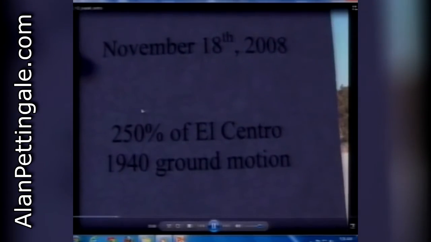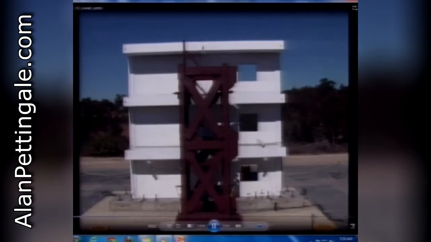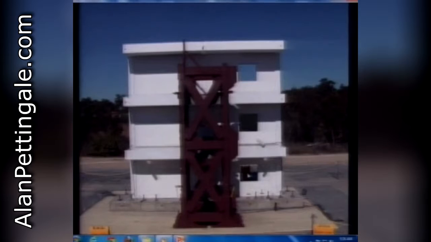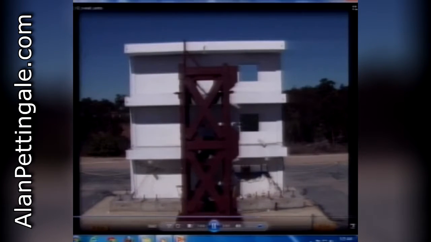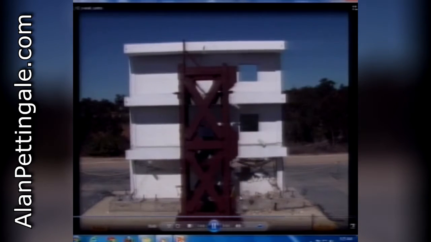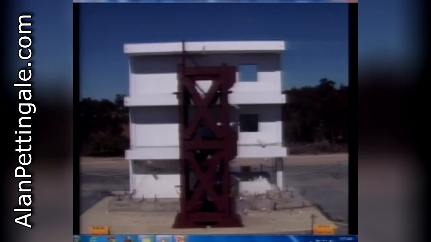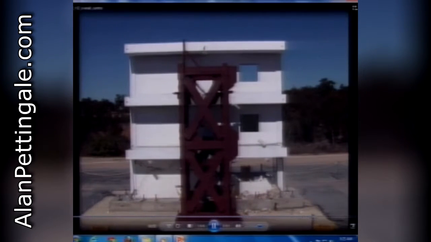So that's one of the last tests we did on that structure, and see what happens on that bottom panel. Doesn't look good, right?